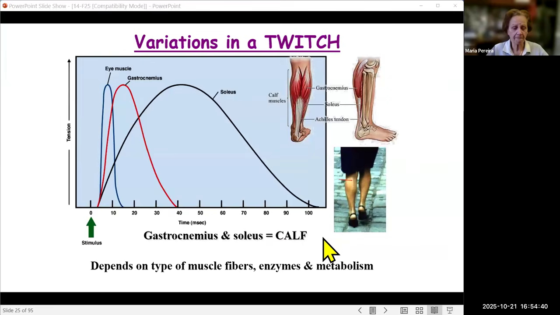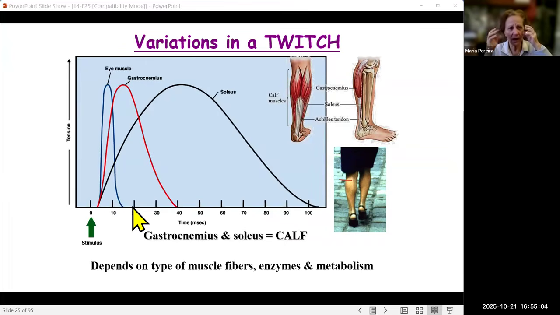Okay, now the length of the twitch in terms of time, milliseconds, varies from one muscle to another. For example, an eye muscle responds very quickly, so it contracts and it relaxes. So the twitch has a very short time.